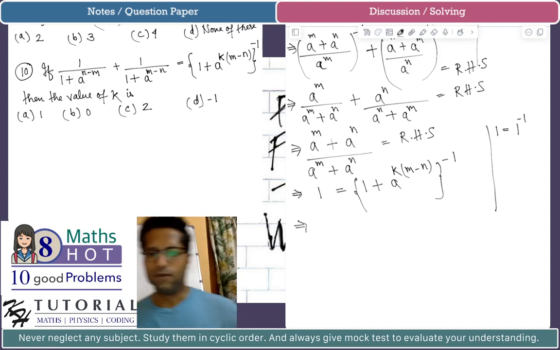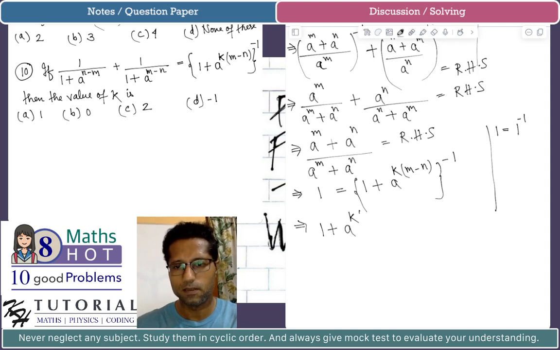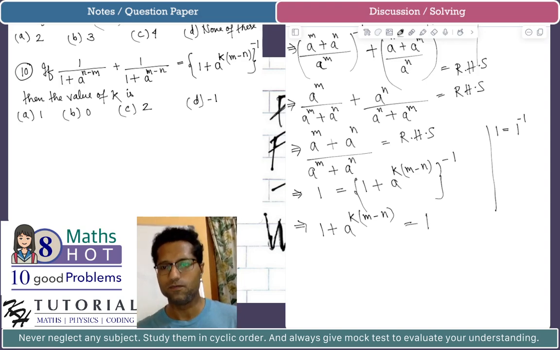So if we have 1 equal to the reciprocal of something, that something has to be 1. This implies 1 plus a to the power k into m minus n has to be equal to 1. Why? Because we got 1 equal to, on the right hand side, some expression, that is 1 plus a to the power k into minus 1, that whole raised to the power minus 1.